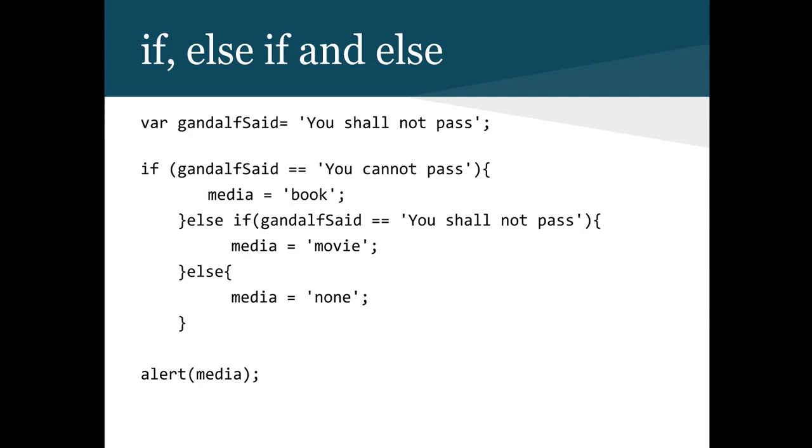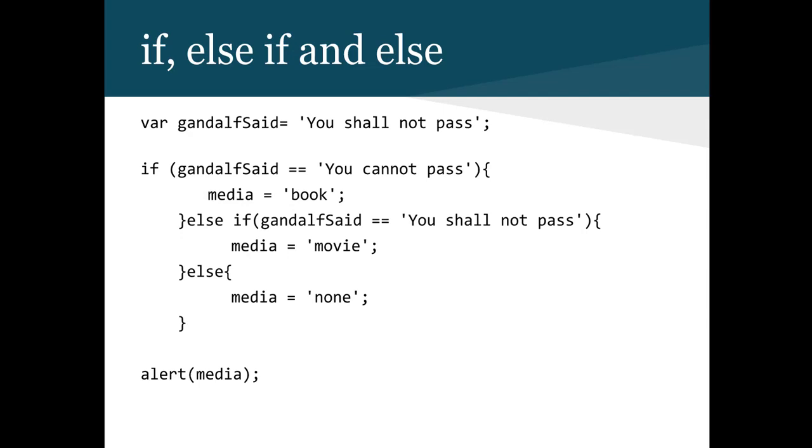Not just conditions that both must be true, but even just multiple conditions like this, where we have a variable called Gandalf said. If Gandalf said, you cannot pass, we know that the media involved here is the book. If Gandalf said, you shall not pass, then we know the media is the movie.